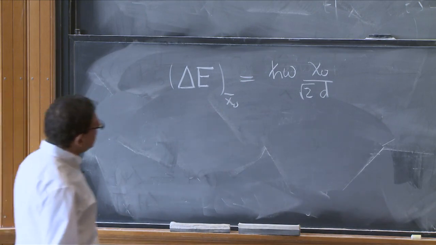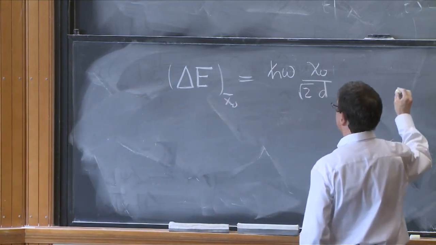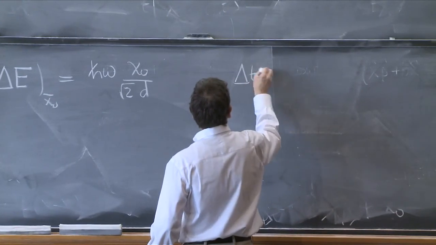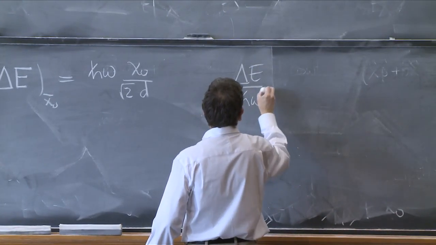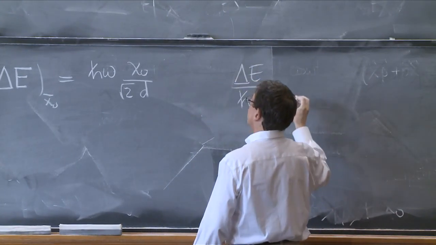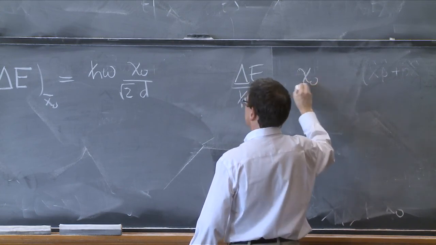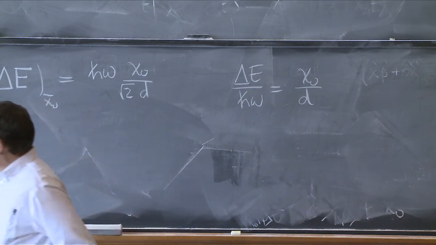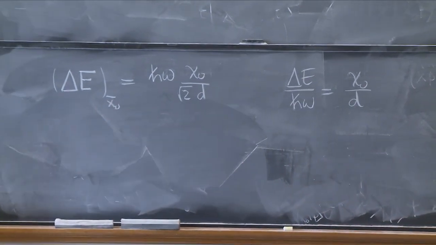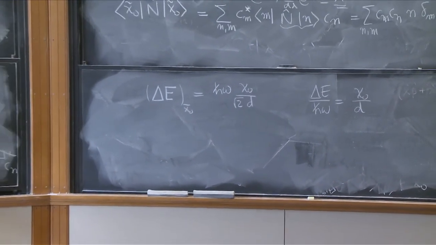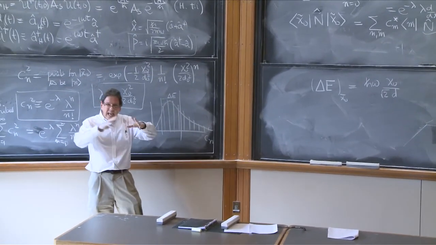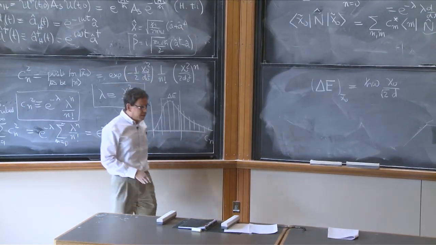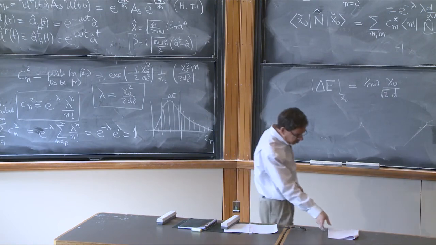So actually, maybe this is a little surprising, but delta E over h bar omega is equal to x naught over d. So actually the energy uncertainty for a classical looking coherent state... I'm sorry, I'm missing a square root of 2 there.